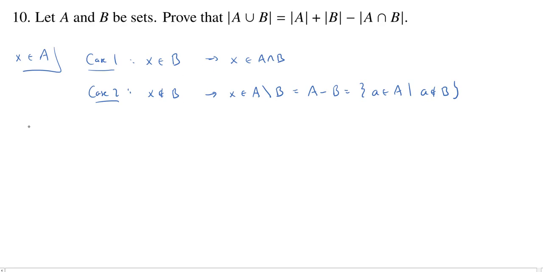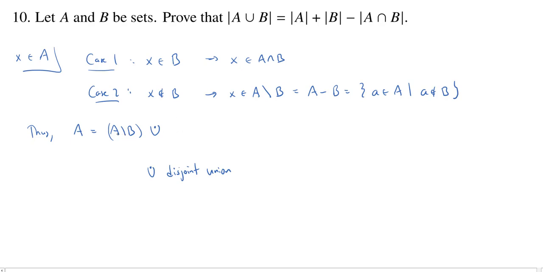And this tells you, thus, A is equal to the union of all the elements in case 1 and case 2. So actually, let me write case 2 here first. So it's in A but not in B, or, and I'm going to write a union, but I'm going to put a dot in here, and that dot means disjoint union, meaning that there's no element that's going to be in both pieces.